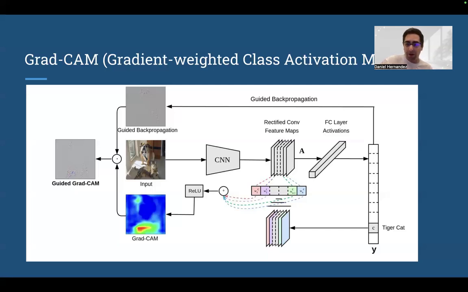The upper part of the diagram shows guided backpropagation, which provides fine gradient details of the model's activation. When we combine this with GradCam, we get guided GradCam, a more precise visualization that highlights both where and what the model focused on.